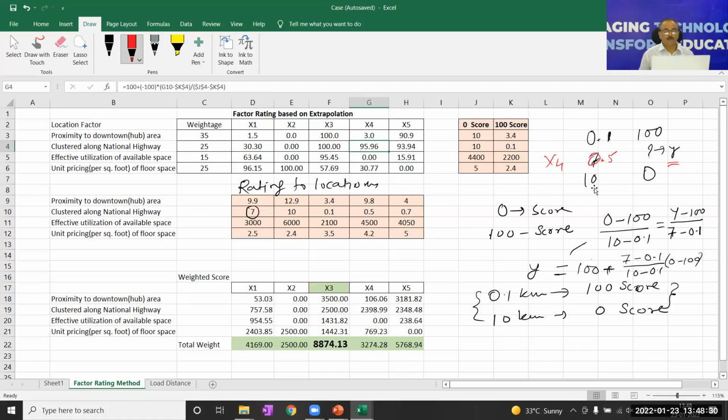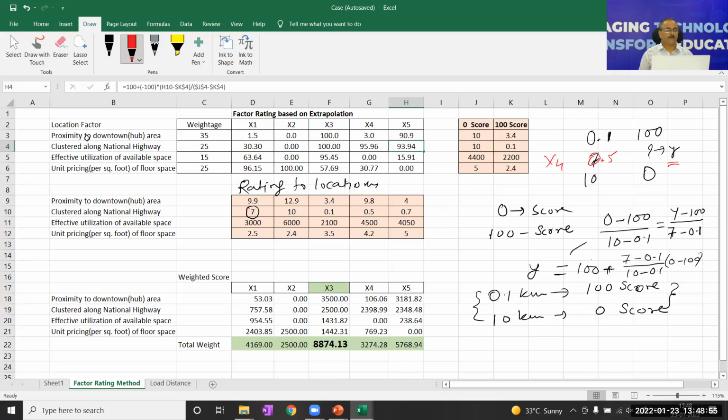If you use this extrapolation, you will get a score of 95.96. Similarly for X5, which is 0.7 kilometer, you can get a rating based on extrapolation.